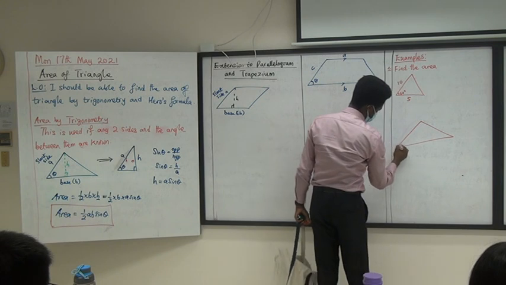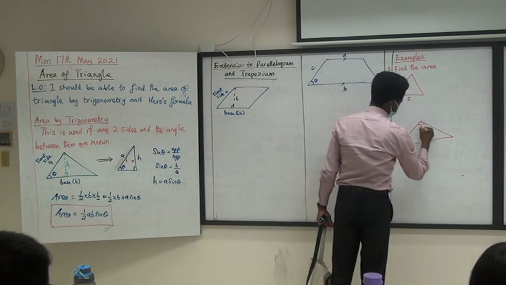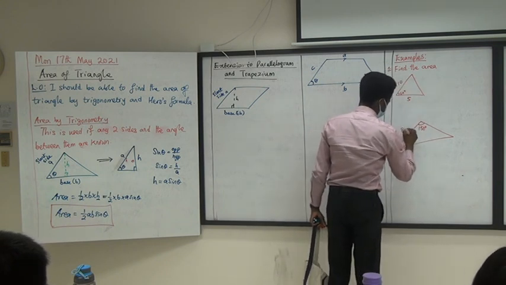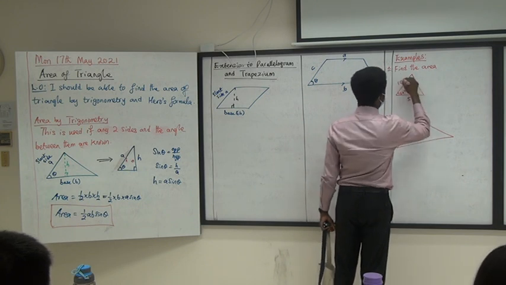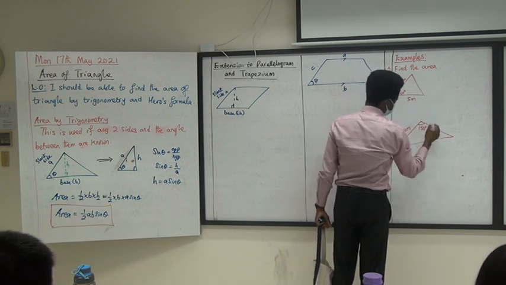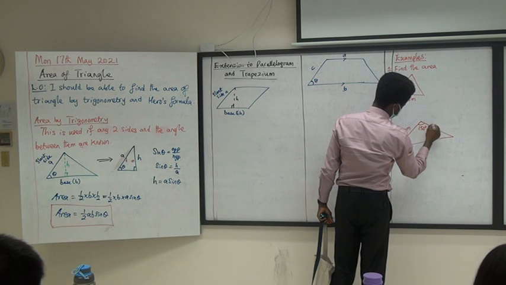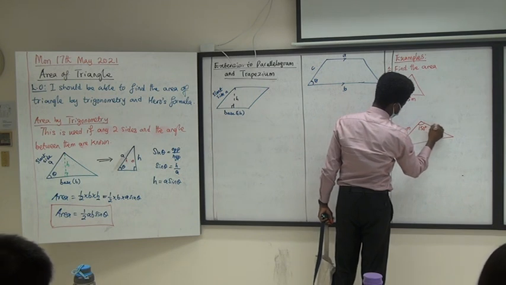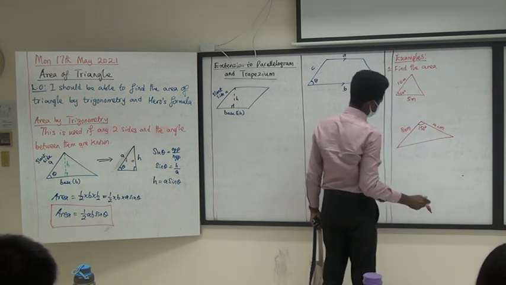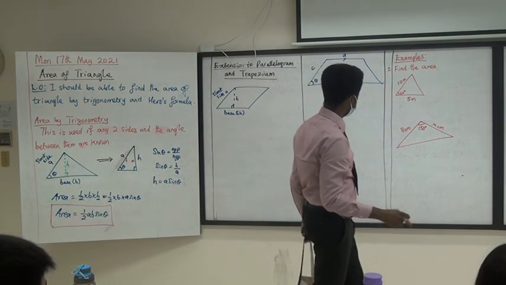This is 150 degrees. So this is 8 cm. Let's say this is 4 cm. Hopefully this is a reasonable triangle. Should be.